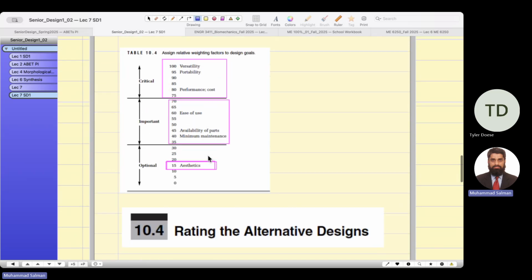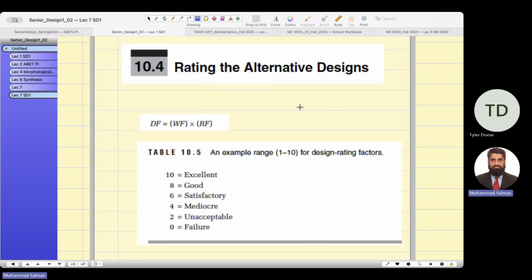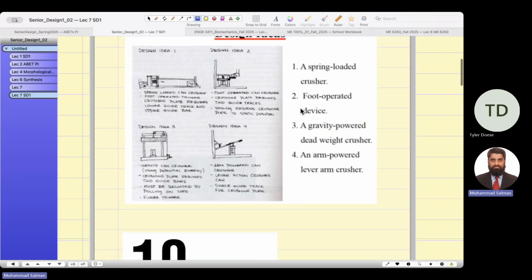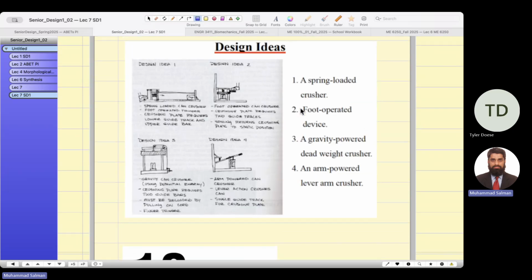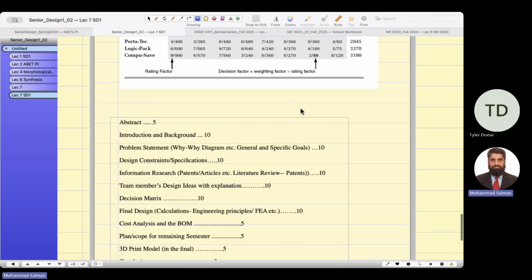And the second thing, you have to show me 10.4 and rate the design alternatives. For example, I show you 4 design alternatives here, how to design a can crusher for residential use. And you have come up with 4 design alternatives and see which one is the best design.